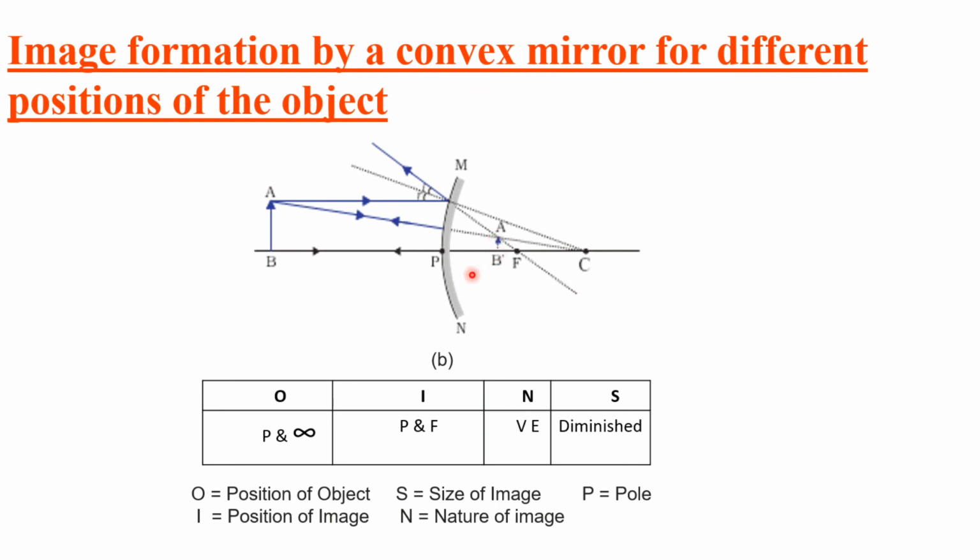That means the image formed will be in between pole and the focus. Nature of the image is virtual and erect and the size will be diminished. So in both the cases, virtual and erect image with a diminished size is formed.